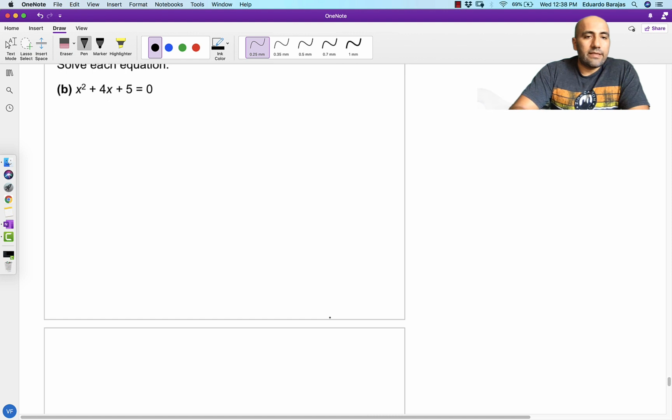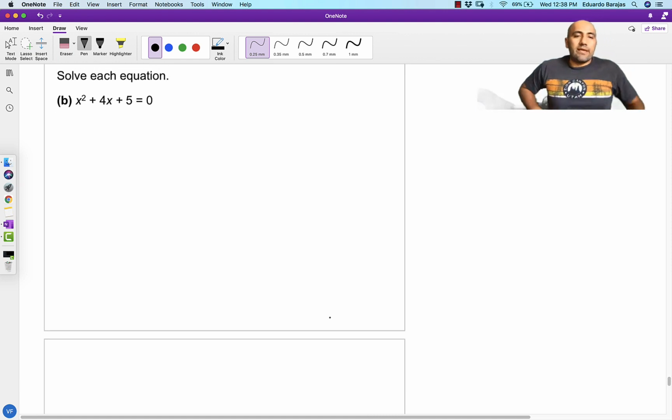What about something like this? Well, this one's a little bit more complicated since we have a term that has an x squared and a term that has an x. I can't solve it like before. I can't isolate the x squared and take the square root of both sides. So in something like this, maybe it is a little easier to figure out how to find the quadratic formula for it, right?